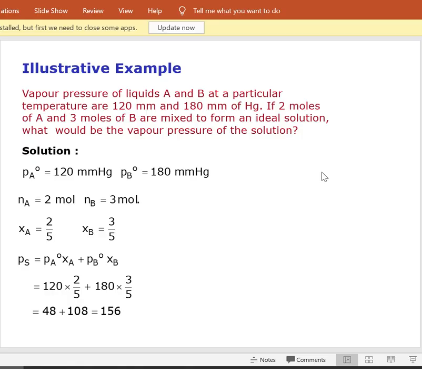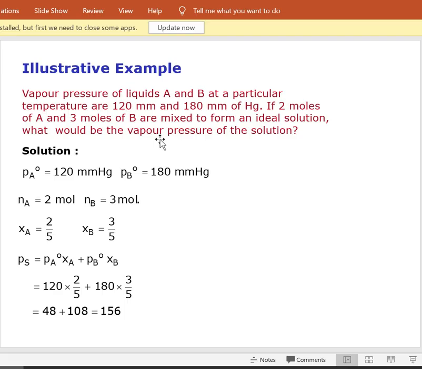This is one example related to vapor pressure. Two liquids A and B have vapor pressures at a particular temperature of 120 mm and 180 mm Hg. If 2 moles of A and 3 moles of B are mixed to form an ideal solution, what will be the vapor pressure of the solution?